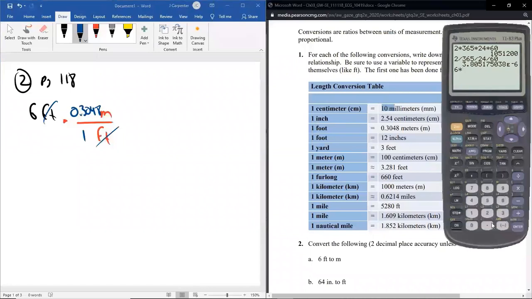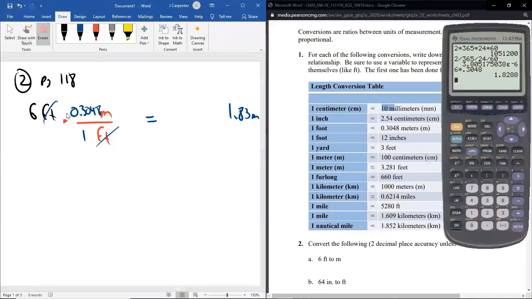And we get 1.8288. They said to round to 2 decimal places, so that would make that 1.83. So I'm just going to write this over here. And then we know the units are meters because that's what was not canceled.